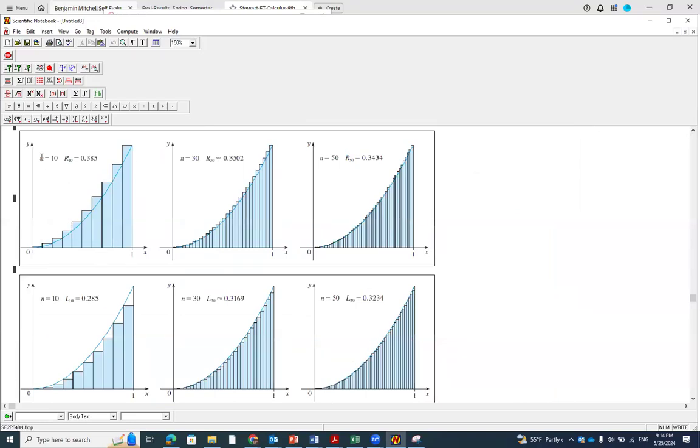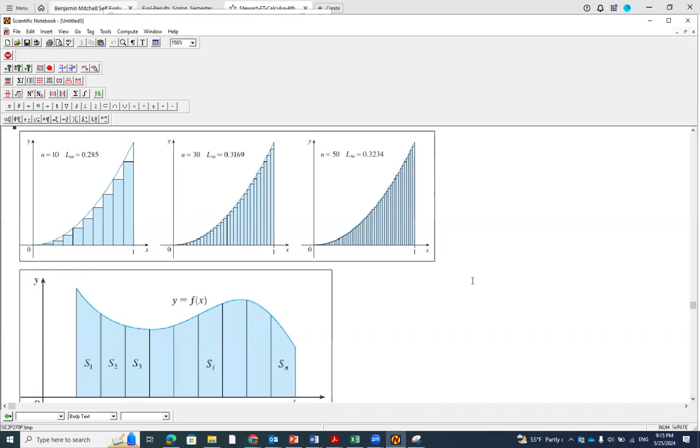When we partition 10 times, the right endpoints give us 0.385, the left ones give us 0.285, and you can see these two numbers are getting closer and closer. In the n equals 50 case, they are much, much closer, which means that we are getting closer and closer to the true area underneath the curve.